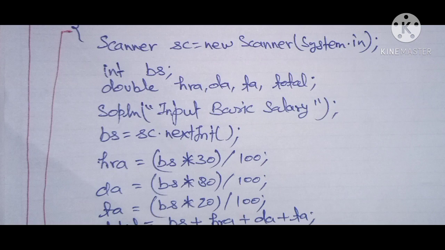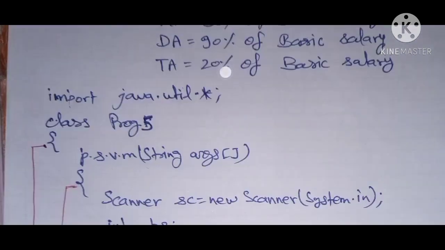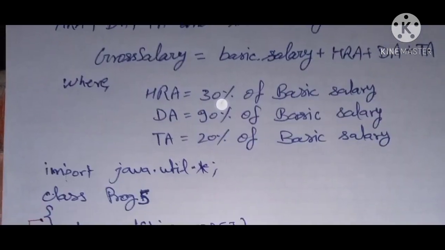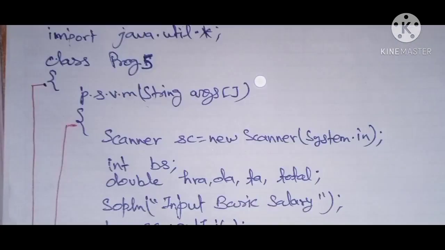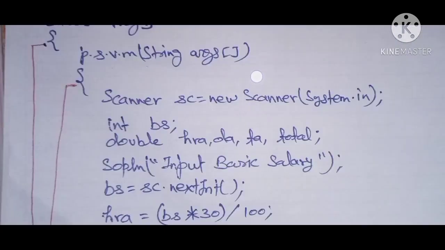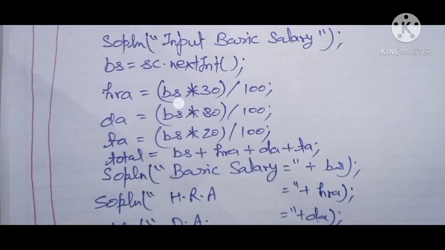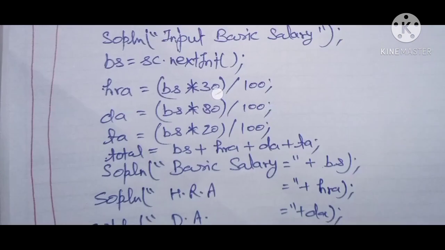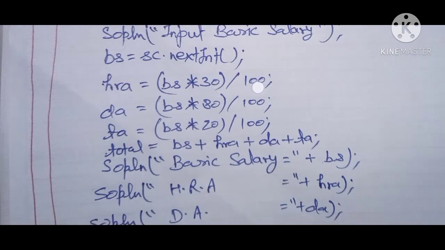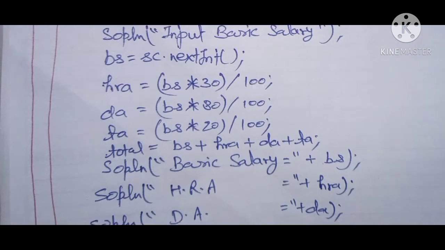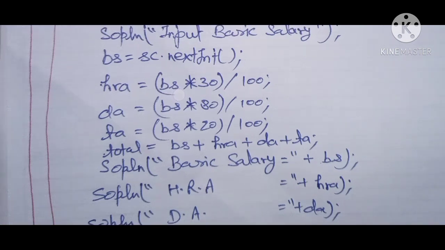In this bs variable we can store our values. It means basic salary. After getting the basic salary bs, we have to calculate the HRA, DA, TA as per the percentage given above. This is the percentage 30, 90 and 20. HRA is equal to basic salary multiplied by 30 divided by 100. This is the percentage of HRA, because 30% of basic salary means 30 multiplied by bs divided by 100.